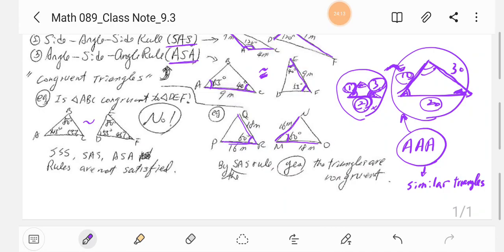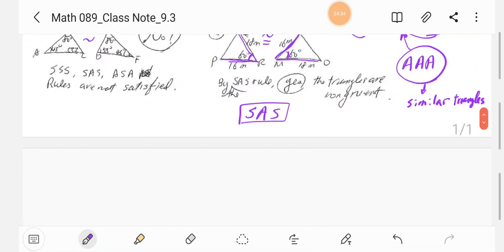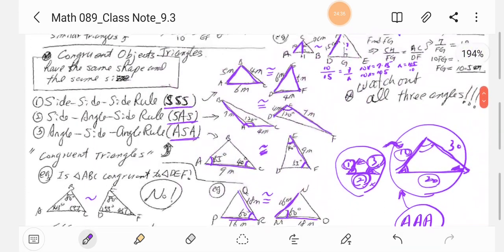Side 16, angle 60, side 18. So the side angle side rule is satisfied. So these two triangles are congruent. Make sense? All right. I think that's it for this section.